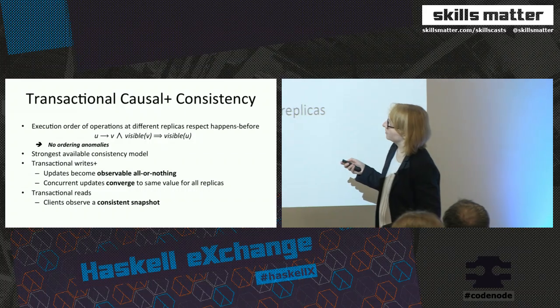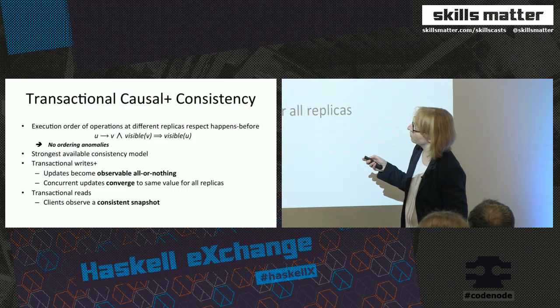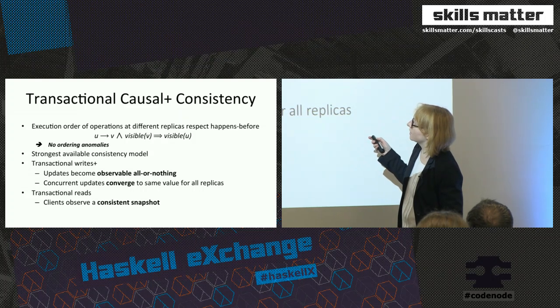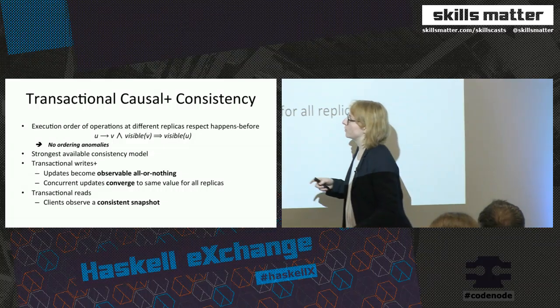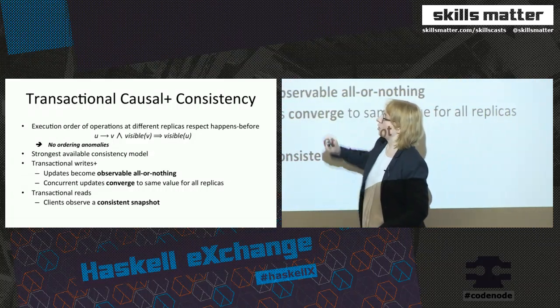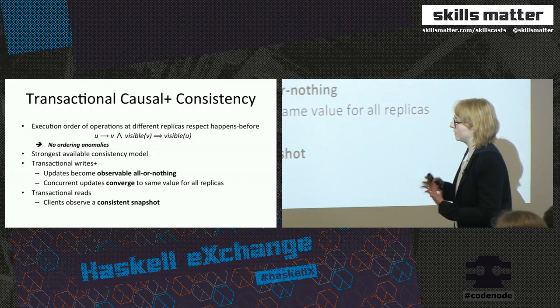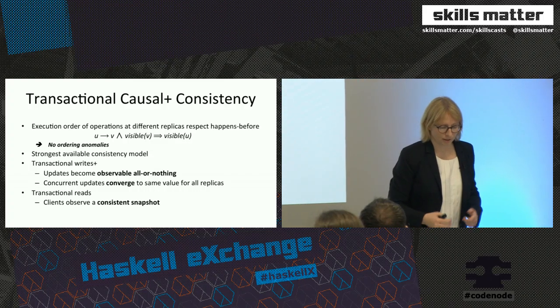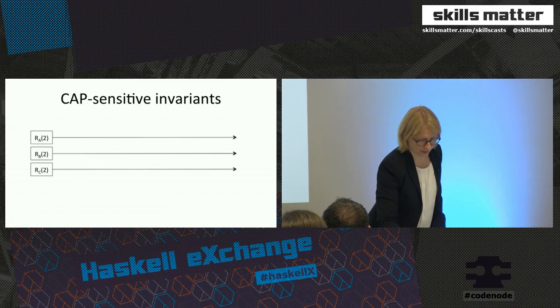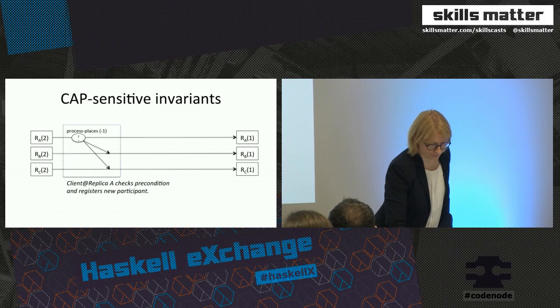So if U happens before V, and V is visible on the replica that you're contacting, U will also be visible. So we're ensuring that these ordering anomalies that might happen otherwise are not observable from the outside.